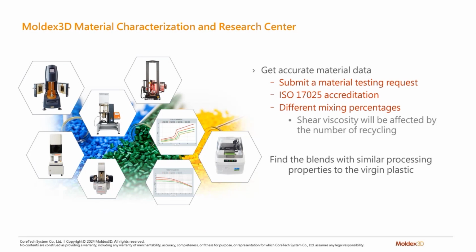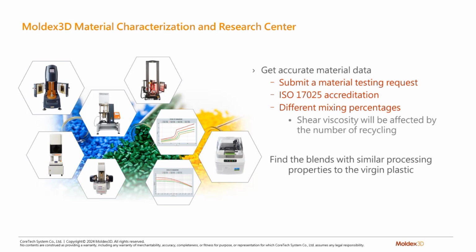So to get accurate material data, you can submit a material testing request to Moldex3D's Material Characterization and Research Center. This is equipped with high-quality measurement instruments and ISO accreditation. Our Moldex3D experts will run controlled measurement tests on the provided recycled material and virgin material.